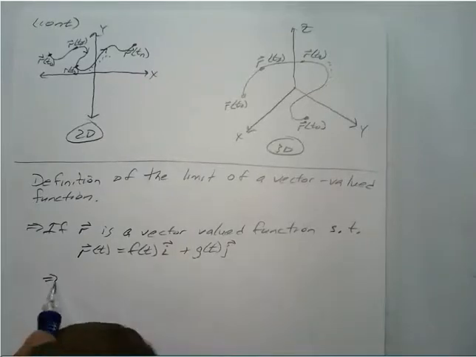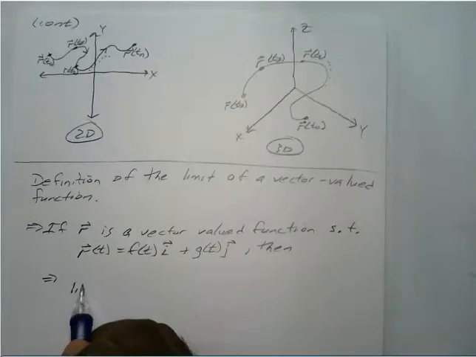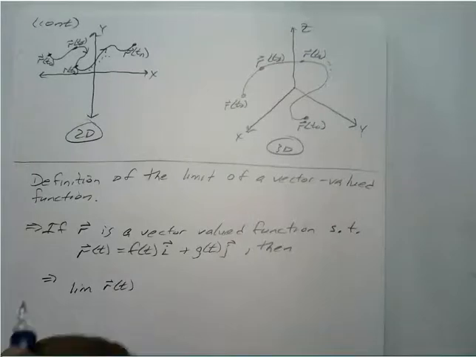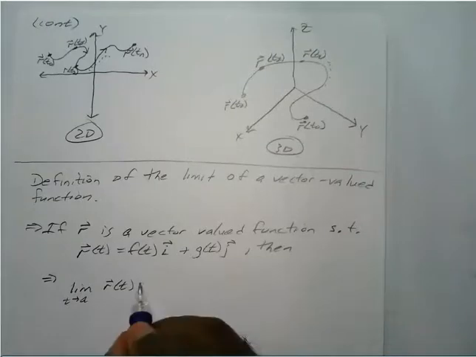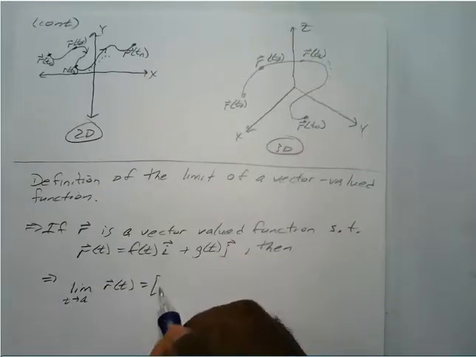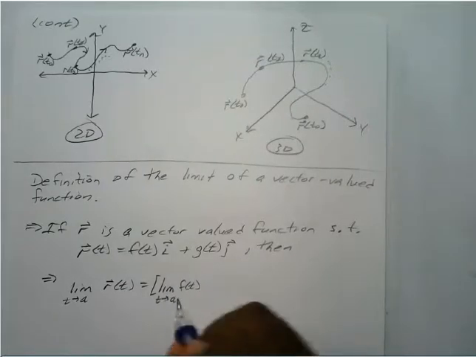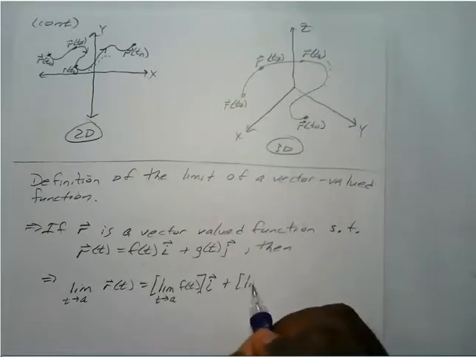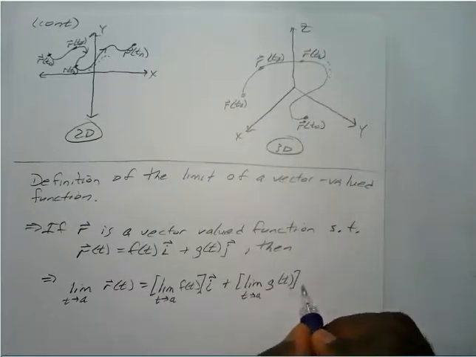Then that means the limit of r of t vector as t approaches some value a is equal to the limit of each term. So that's the limit of f of t as t approaches a times the i vector, plus the limit of g of t as t approaches a times the j vector.